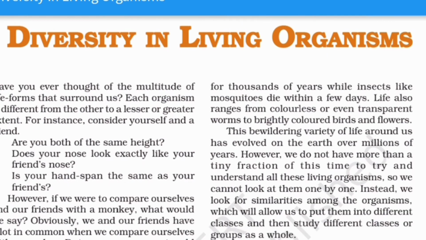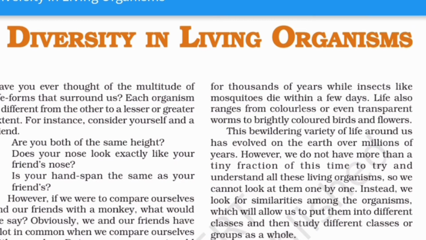Some pine trees live for thousands of years, while insects like mosquitoes die within a few days. Life also ranges from colorless to even transparent worms to brightly colored birds and flowers. This bewildering variety of life around us has evolved on the earth over millions of years.